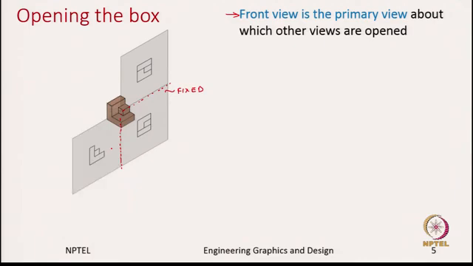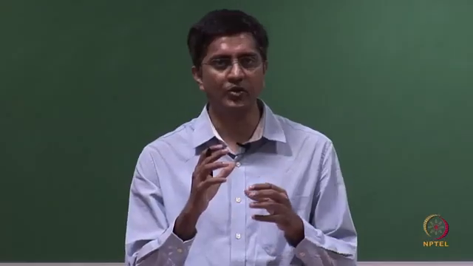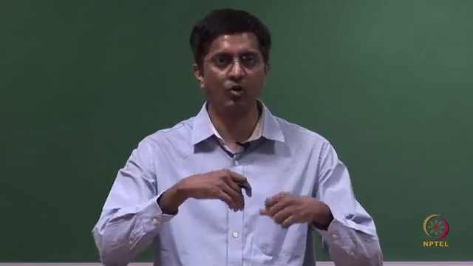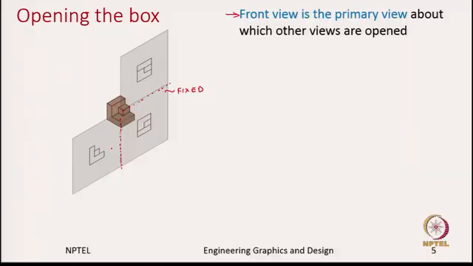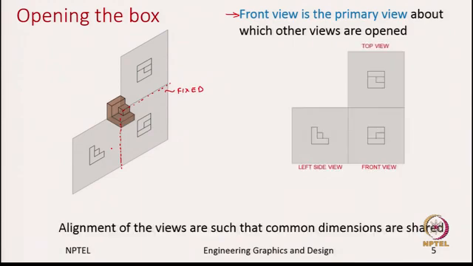So, both the top view and the side view, we have opened them such that they are in line with the front view. Now, all of them are in a plane, and this is how it looks when I depict it on a piece of paper, where you have the front view, top view and left side view.